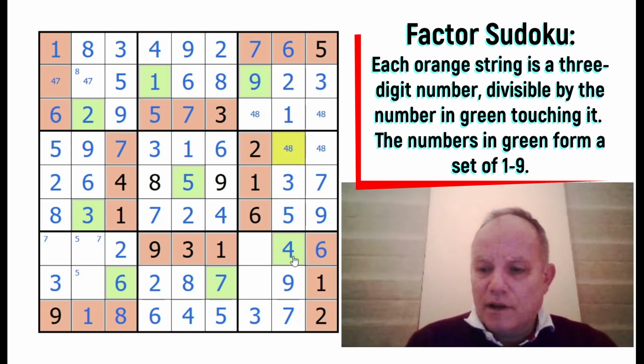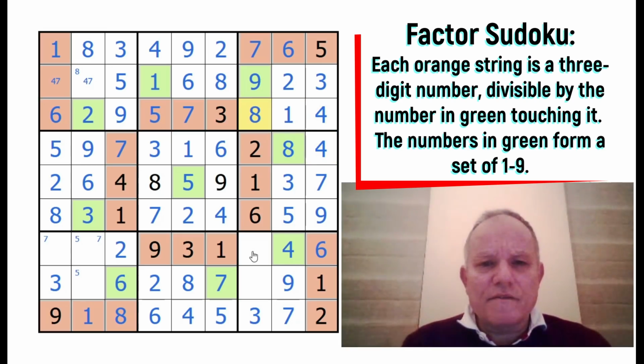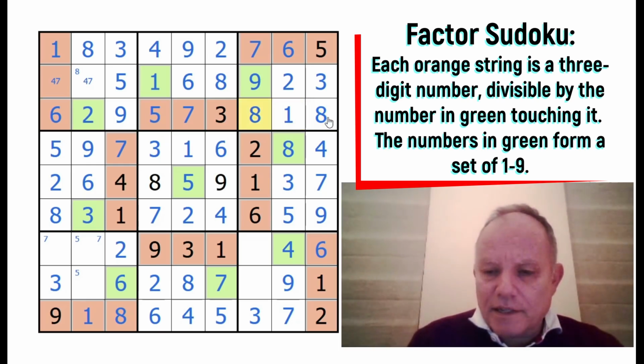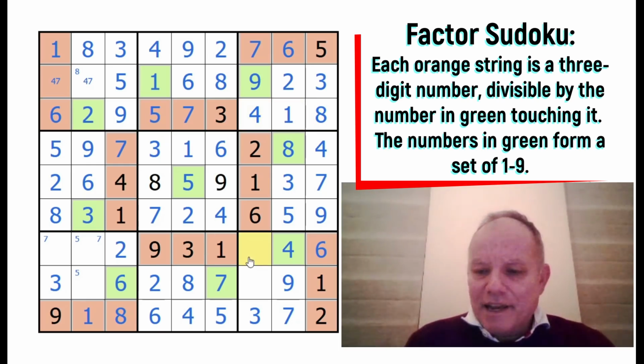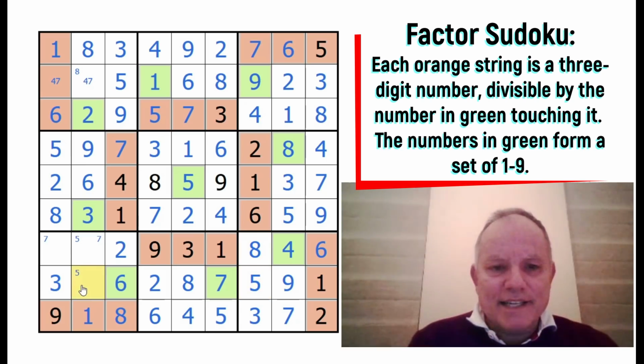So that's a 4, that's 8, and that sorts out all our 4s and 8s. What a lovely finish. I've just written those the wrong way round, that didn't help me. 8 and 5 down there, yes, and we're done.